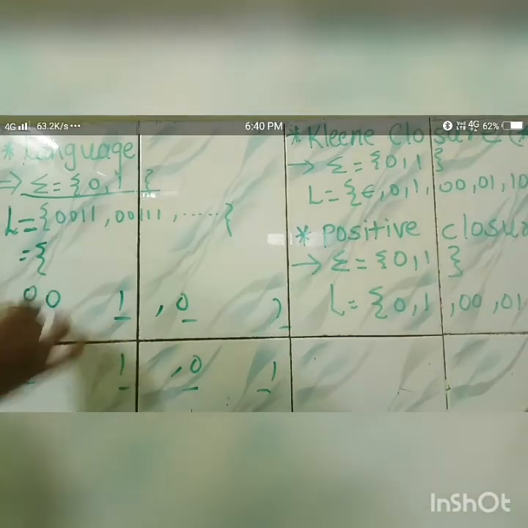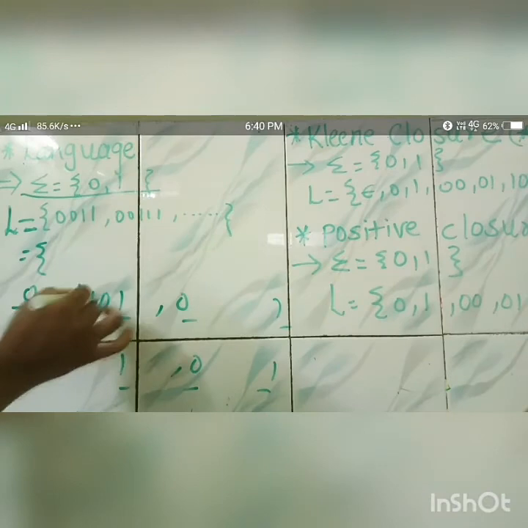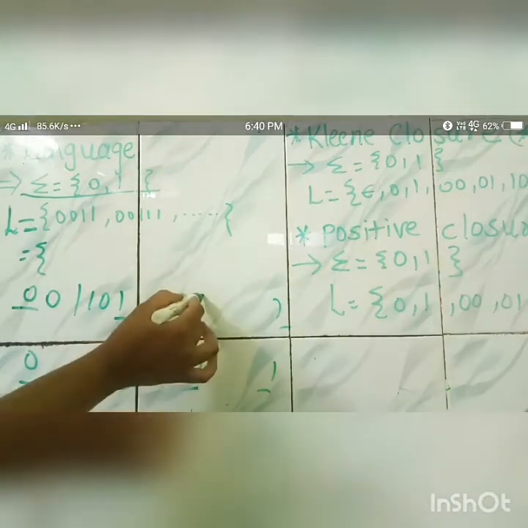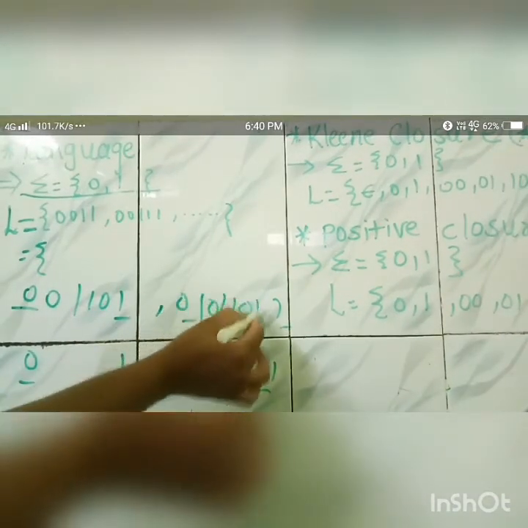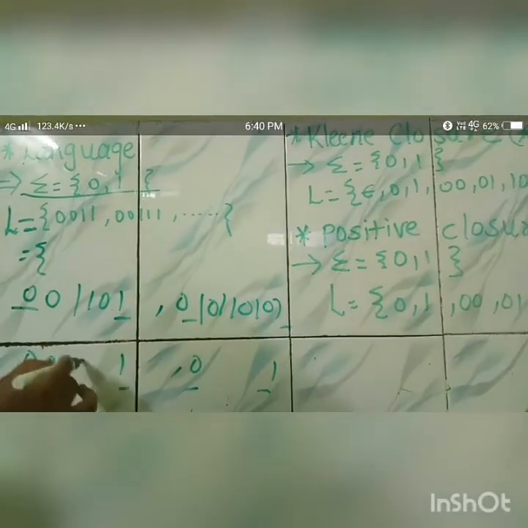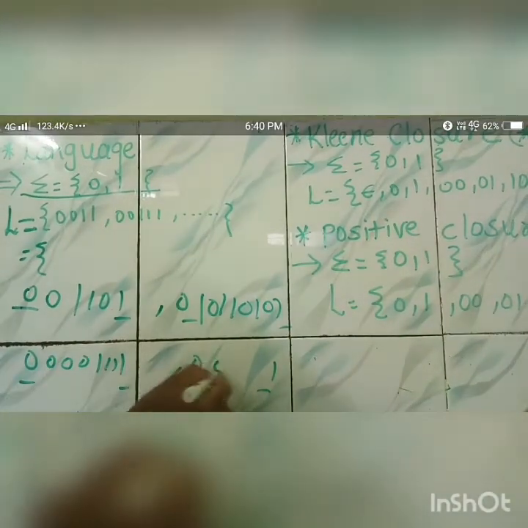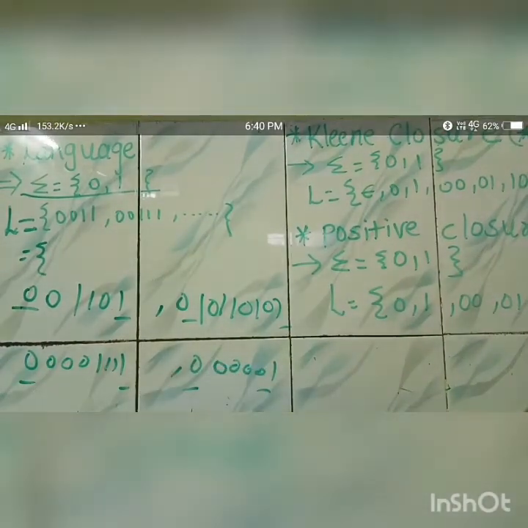Means you can put 0, 1, 1, 0, or 1, 0, 1, 1, 0, 1, 0, or 0, 0, 0, 1, 1, 1, or 0, 0, 0, 0, 0. There is no limitation while designing the string. Means you can design strings of many lengths using the combination of those specific things.